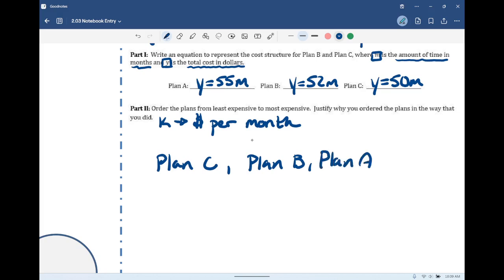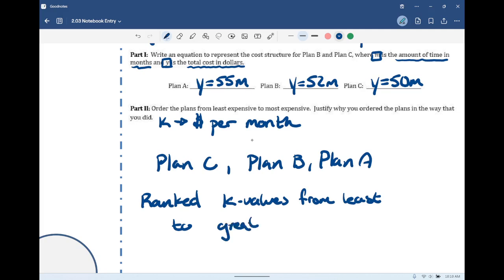Plan A. And so, K is dollars per month. It's plan C, plan B, plan A. And our justification: we ranked the K values from least to greatest.